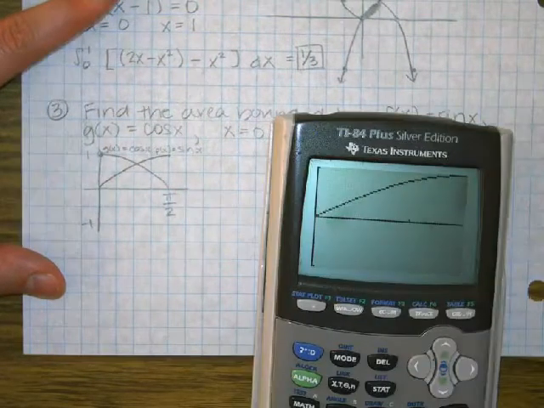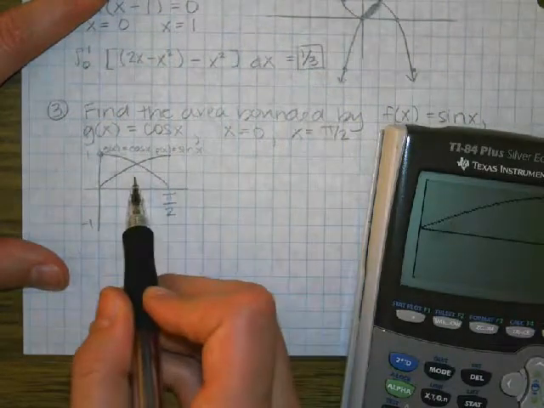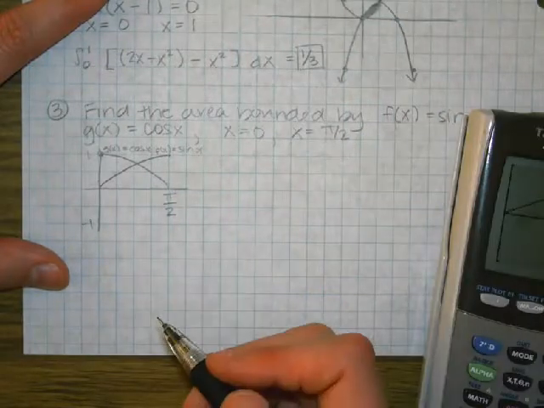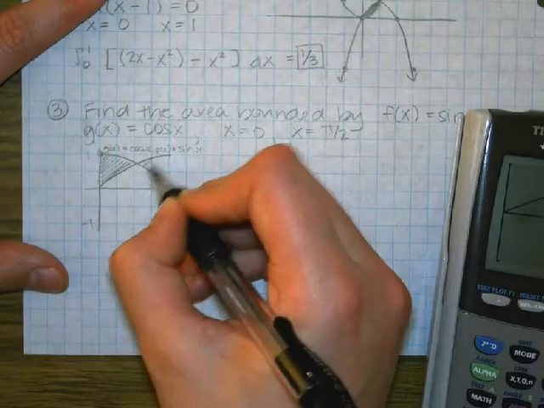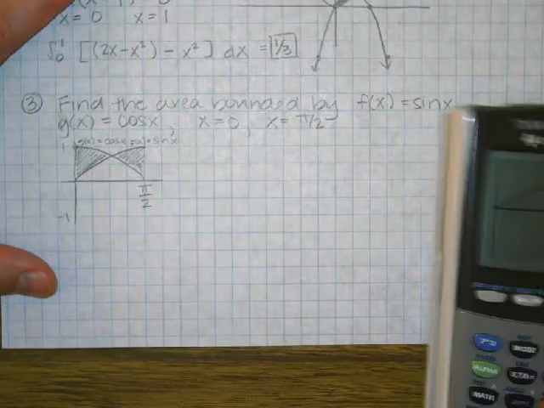So if we're finding the area between the curves, are we finding this part down here? No. What are we finding that's between the curves? The left side and the right side. Okay. So this is one where we're going to have two different integrals.